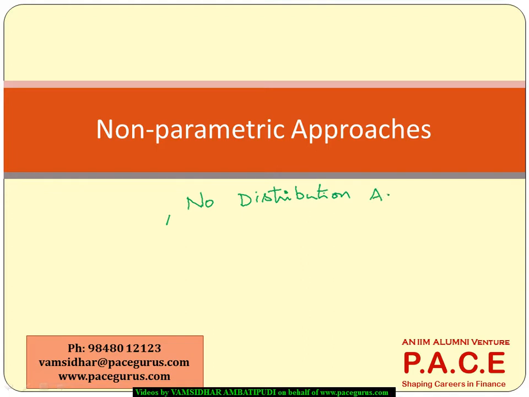Even if the data does not follow any specific statistical distribution like normal or log normal, we can very well use the non-parametric approaches to compute the value at risk. So we will look at some such approaches which can be used to compute the value at risk.